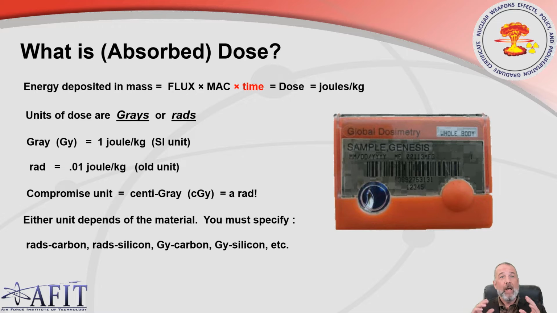So if we know how many particles are incident on our volume or mass of material, and we know the mass attenuation coefficient, and we know how much time has passed that these particles were incident on our volume or mass of material, we can figure out how much energy was deposited to a first order approximation.